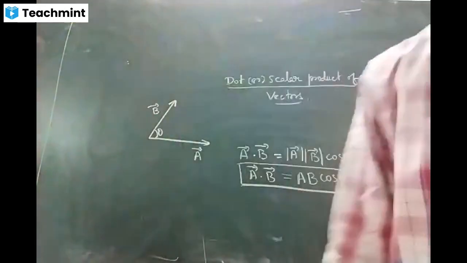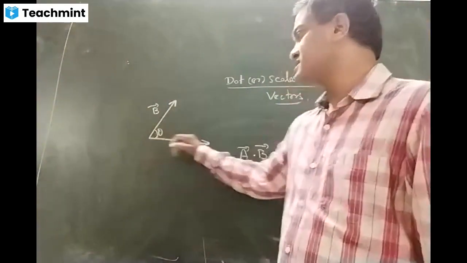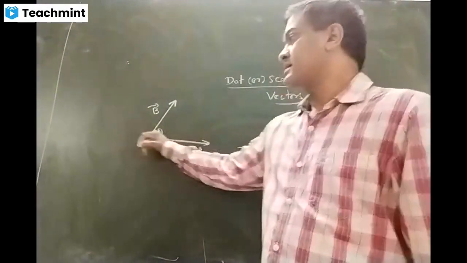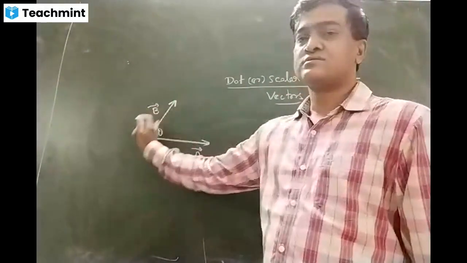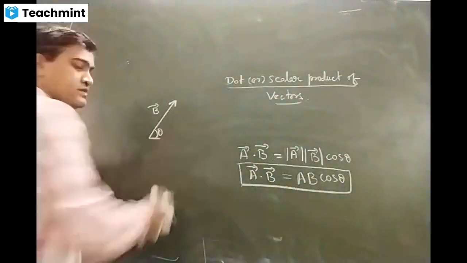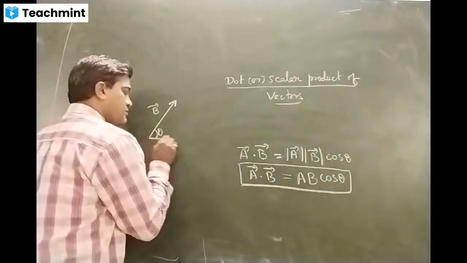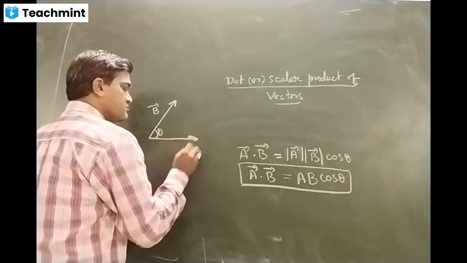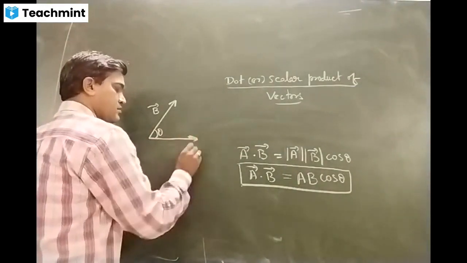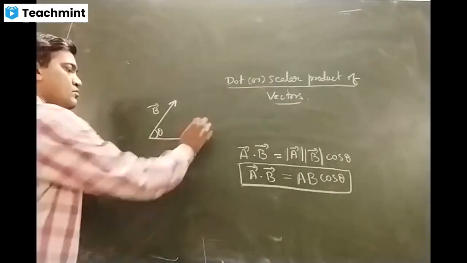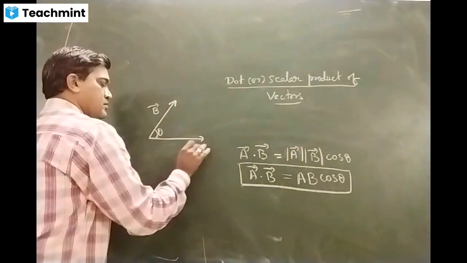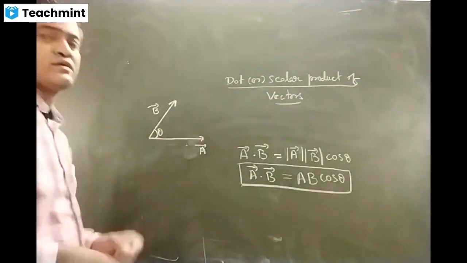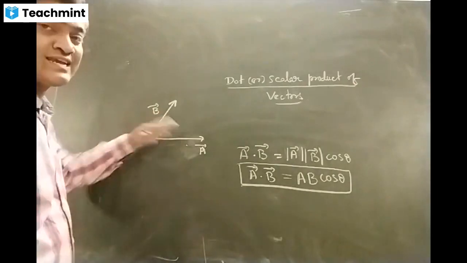Can I take A bar as the x-axis? Yes, A bar I can take as the x-axis, but B bar I cannot take as the y-axis, because B bar is inclined.